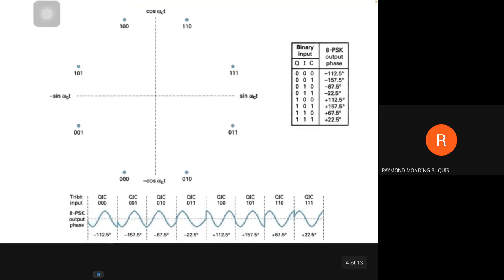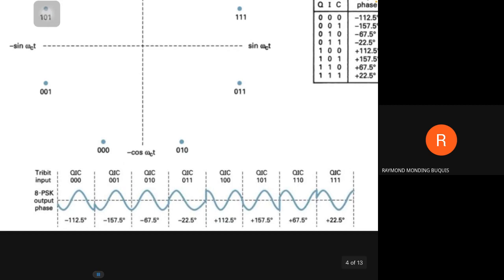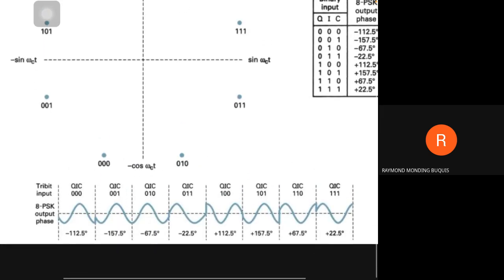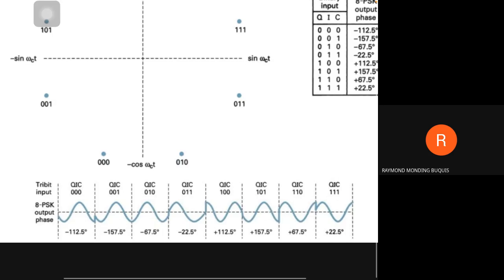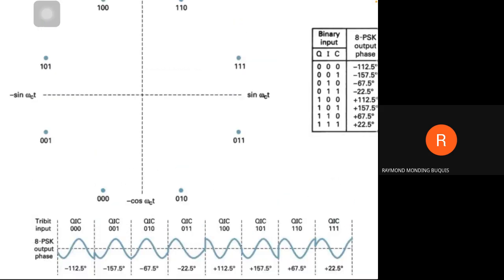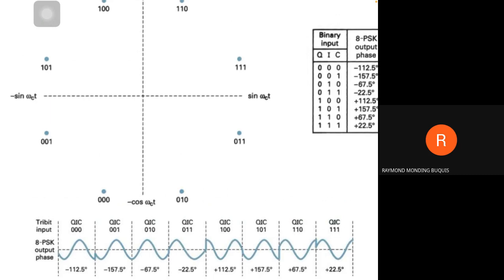Tungod kay 8 PSK siya, we already have an idea nga we have 8 different symbols to represent binary digits. Okay? So because 8 siya, no? So 3 bits from 000 to 111.